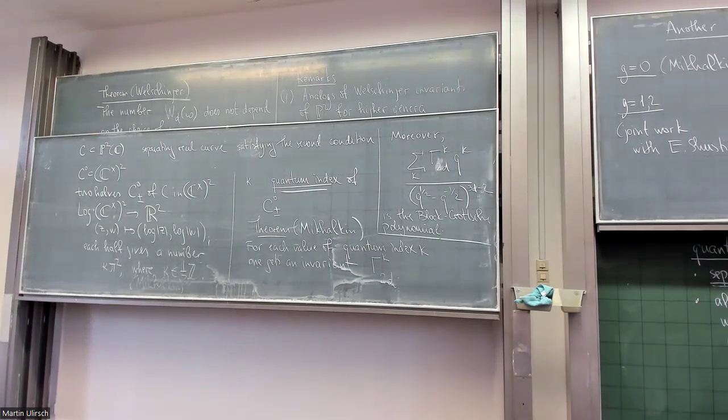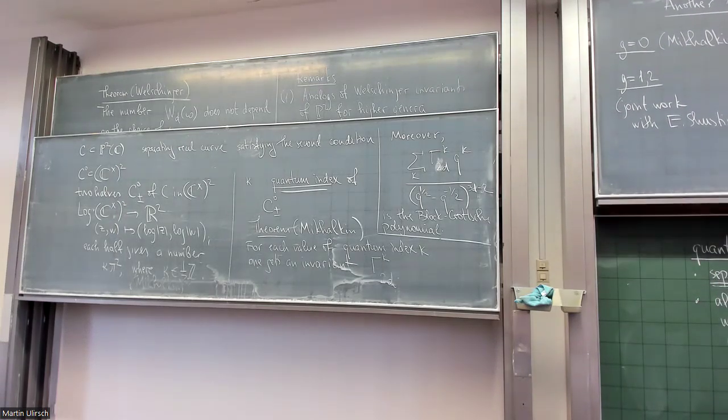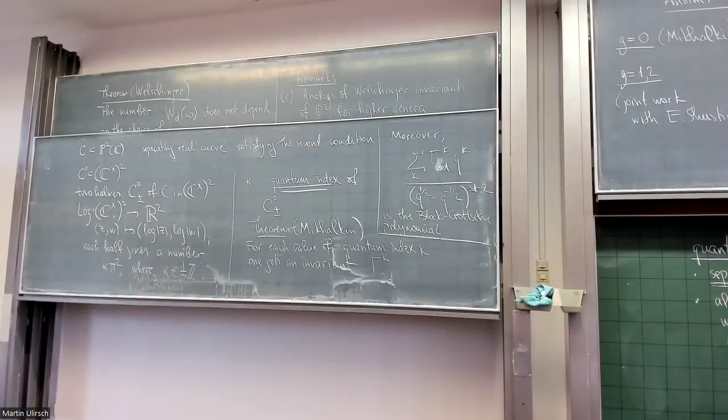So one can extend this Mikhalkin enumeration to genera 1 and 2, even in two different ways, but these two ways provide the same collection of invariants up to some global sign that depends only on the degree. Thank you.